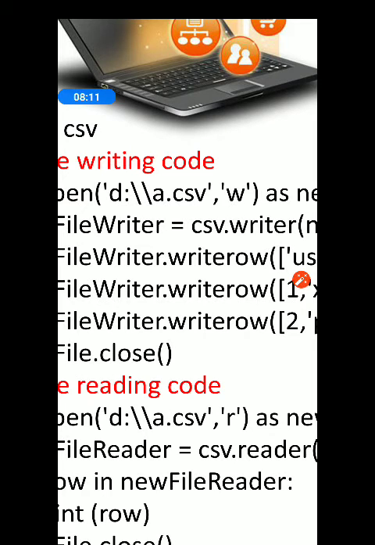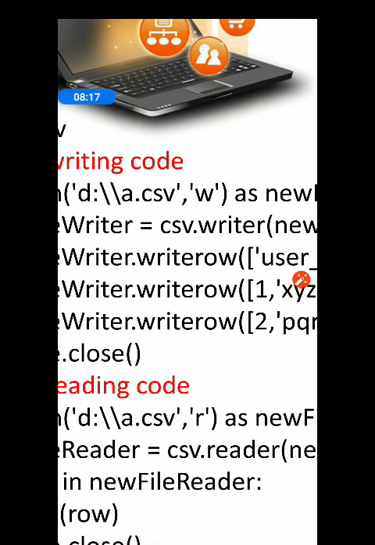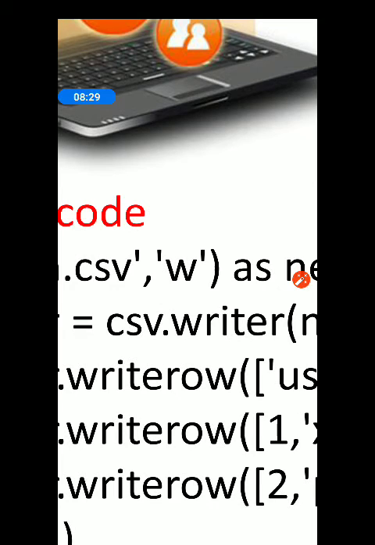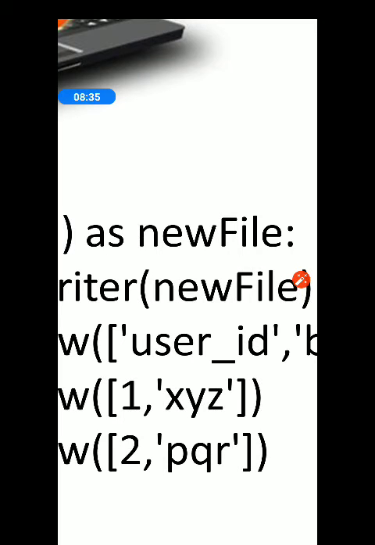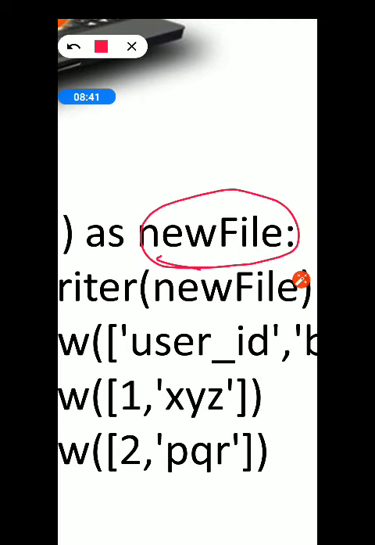So I am writing d:\a.csv, and after comma you have to put the file mode constant, for which reason you want to open the file. It is for writing, so we are using file mode W. After that you have to write the keyword as, and this is the file link variable. You can give F also, or whatever variable you like. I am giving new file and put colon.